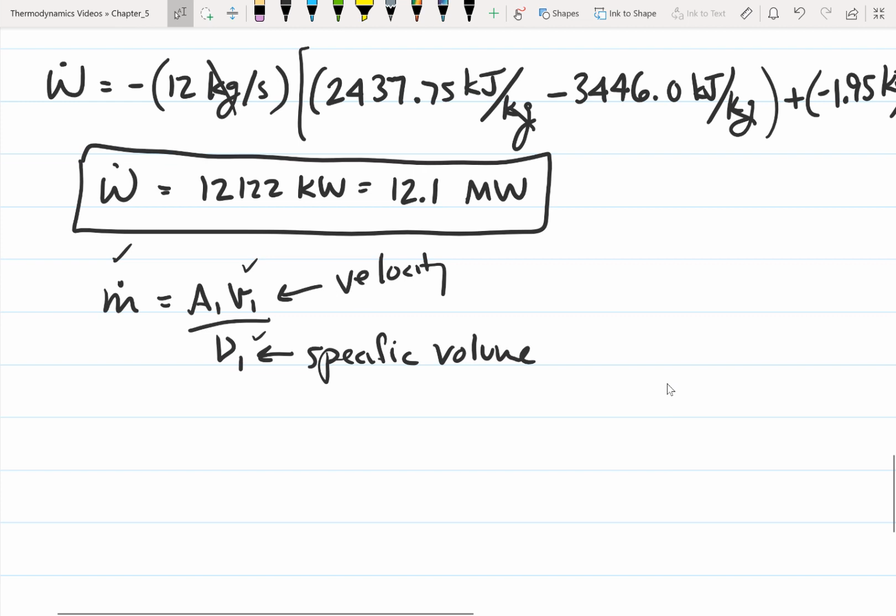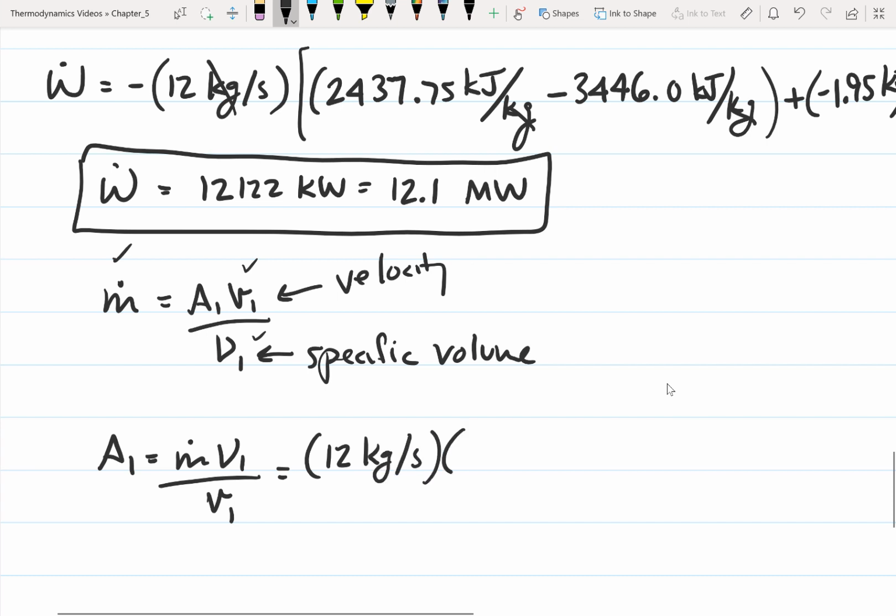So if I solve this for the area, all I need to do is plug in values. So the area is equal to m dot multiplied by the specific volume over the velocity. So this is equal to 12 kilograms per second multiplied by 0.08644 meters cubed per kilogram.